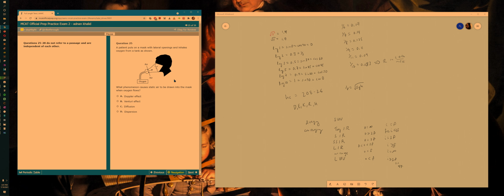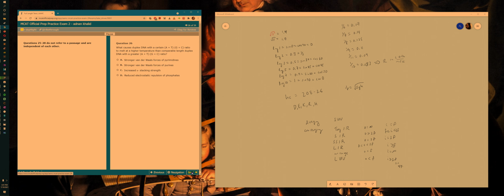So okay, I'm gonna think it's that. Oh, this is like Chargaff's rules or whatever. I don't remember which ones they are, so I'll flag it.